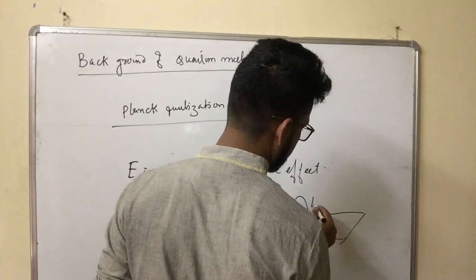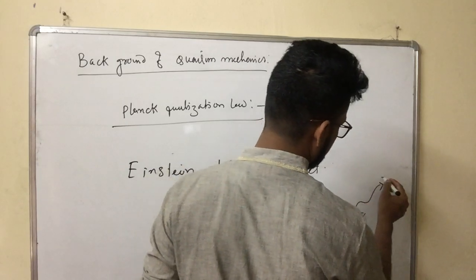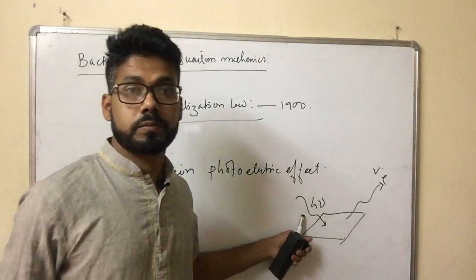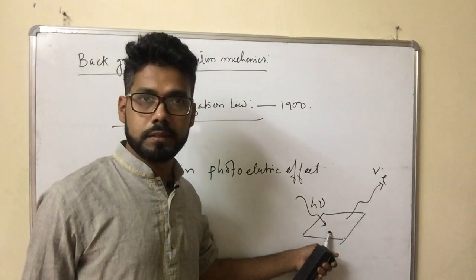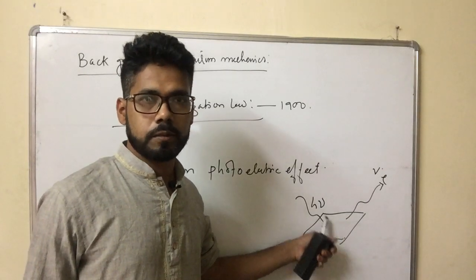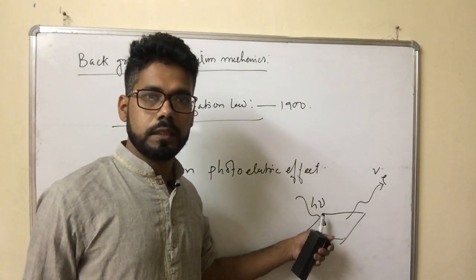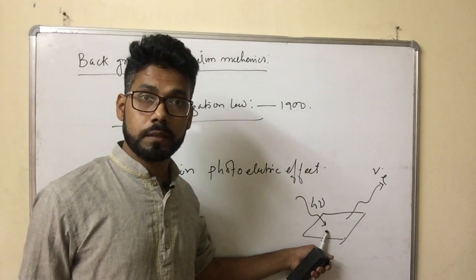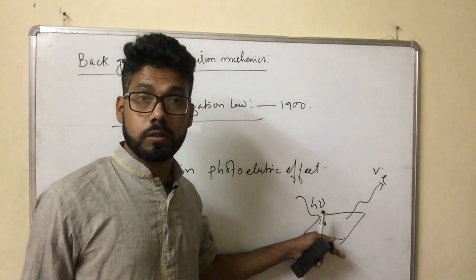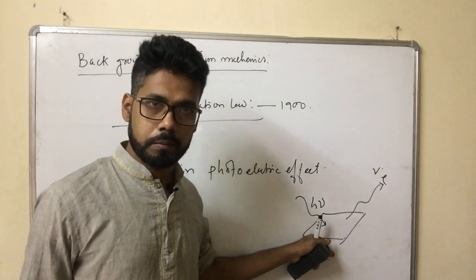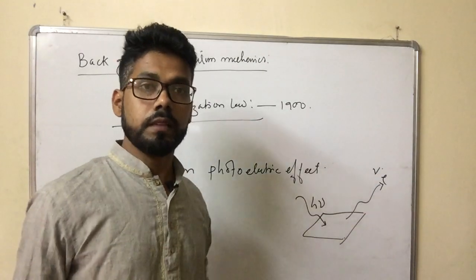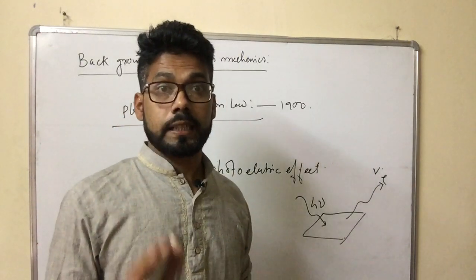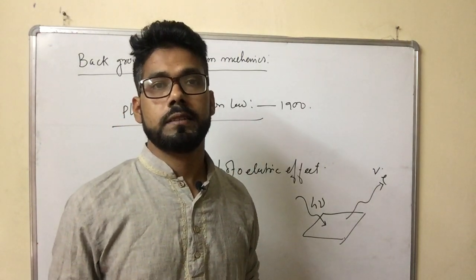This is h nu. This is the electron that will come out with velocity v. Suppose h nu is a photon energy. So one photon falls on the metal surface, and an electron on the metal surface will interact with the photon energy h nu, and some portion of the energy is used to overcome the threshold energy or work function of the metal, and finally the electron comes out. And Einstein's theory accurately explained the emission of electrons from the metal surface.